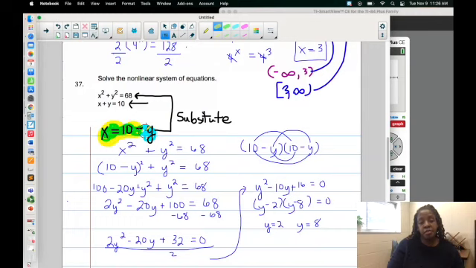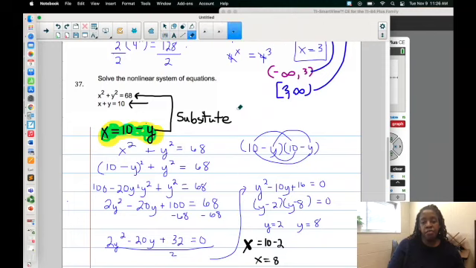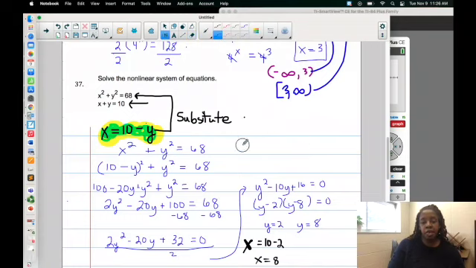So now we're going to do x is equal to 10 minus 2, which means this x is 8. Now, when you write out the ordered pair, I'm going to put it right up here where I had my little FOIL explosion. So my answer is going to be 8, comma 2.